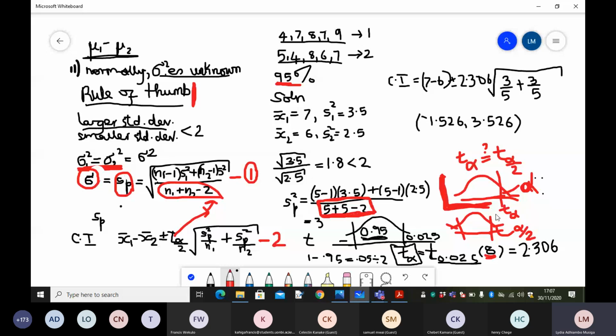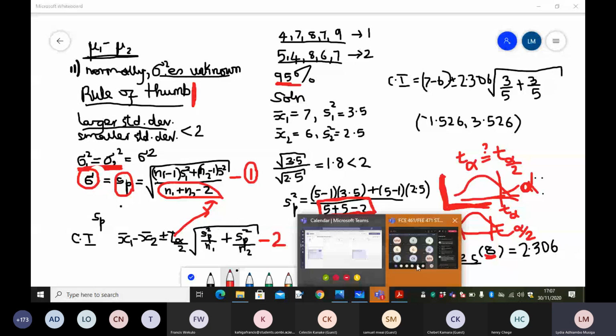The T alpha over 2 is for confidence intervals. But T alpha, we will even do examples about it concerning significance tests, and this one is a right-tailed test. Yes, another comment.